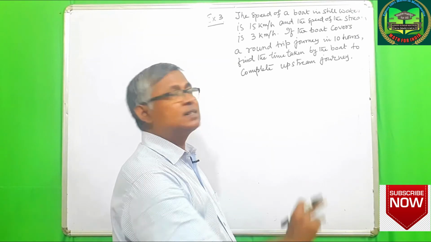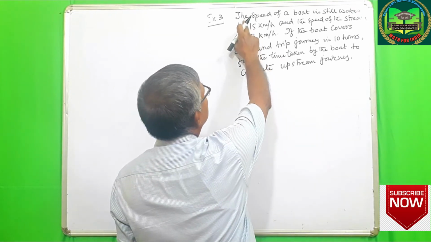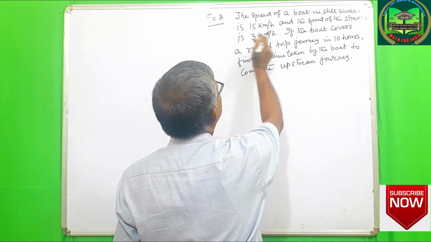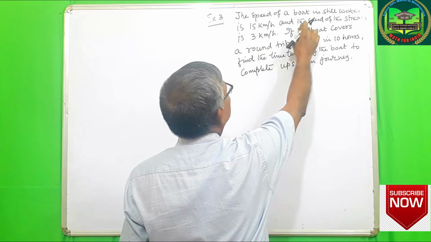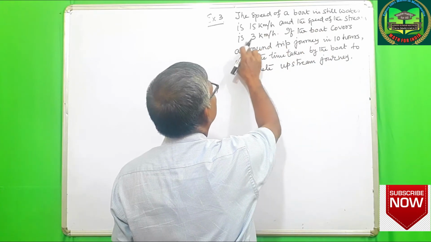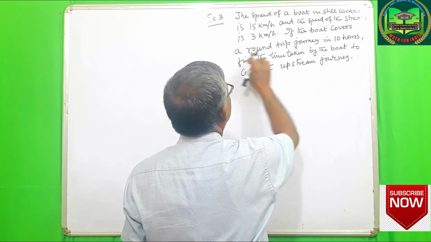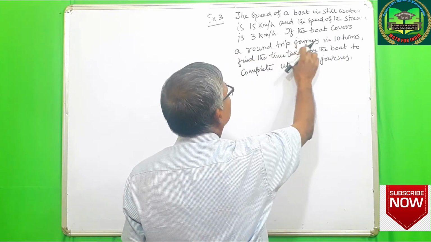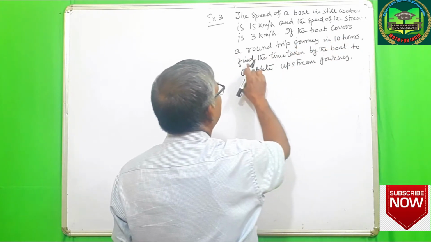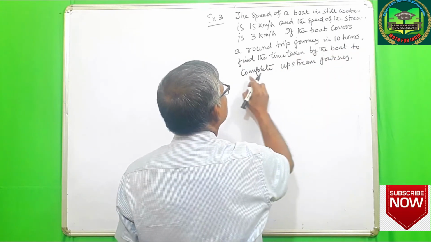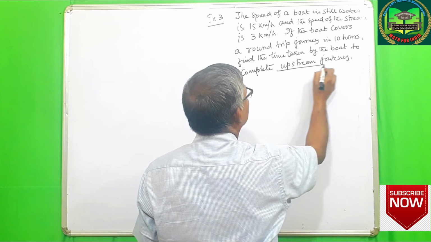Students, here see the problem. The speed of a boat in still water is 15 km per hour and the speed of the stream is 3 km per hour. If the boat covers a round trip journey in 10 hours, find the time taken by the boat to complete the upstream journey.